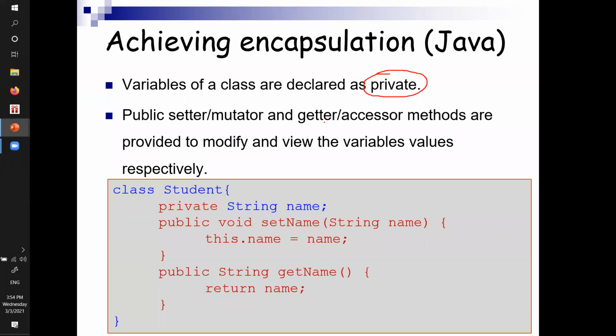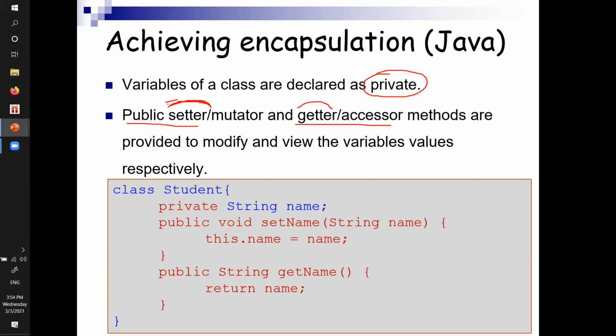When you make them private, no other class can access those variables from outside. So to make sure those variables can be used outside your class, you have to define public setters and getters.